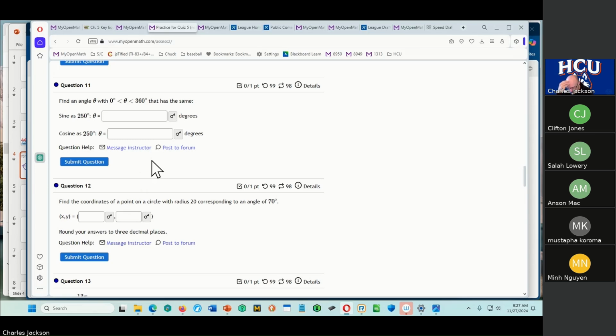It's kind of a good problem. Find an angle theta between 0 and 360 that has the same sine as 250 degrees and the same cosine as a 250-degree angle. So everyone try that.